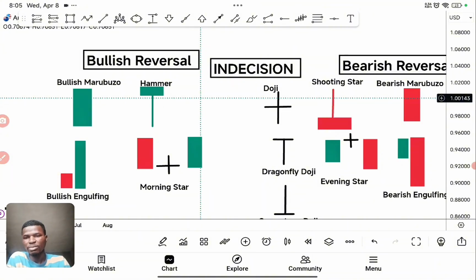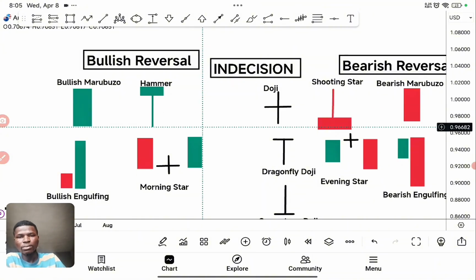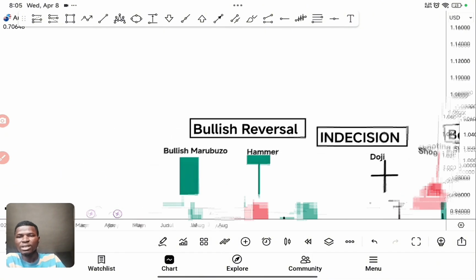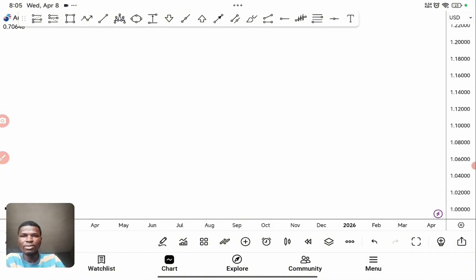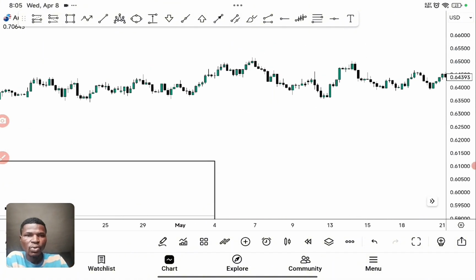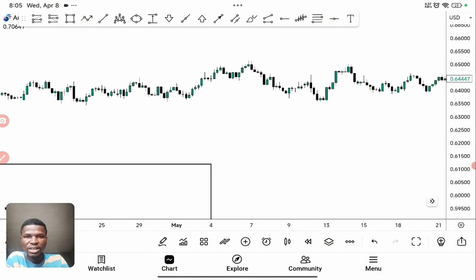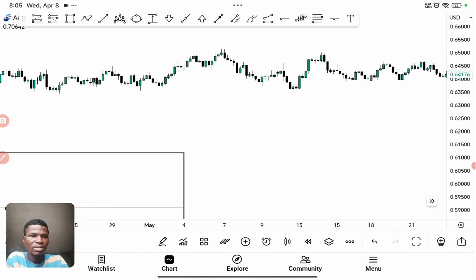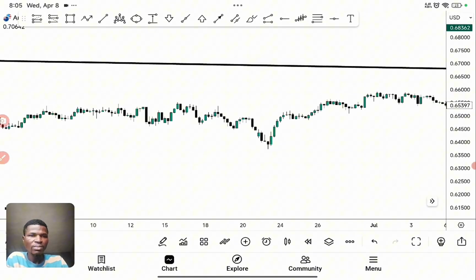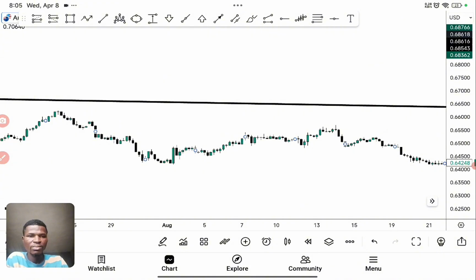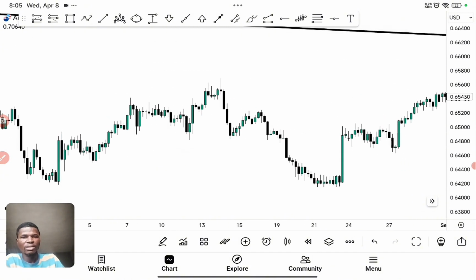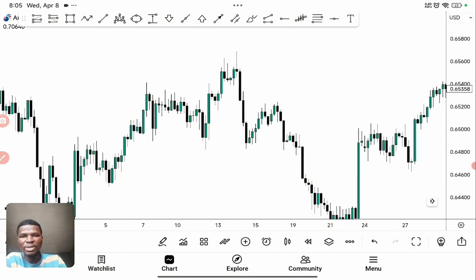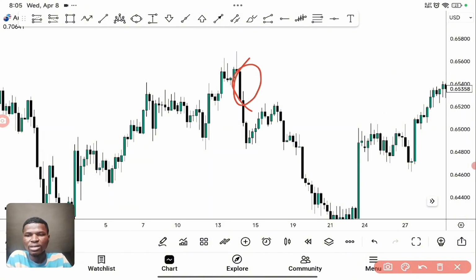Let me show you an example. I have changed my own bearish candle to black, because red means danger, red means fighting, red means blood.